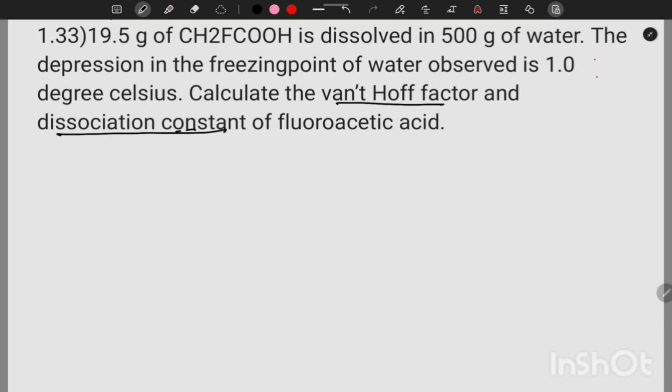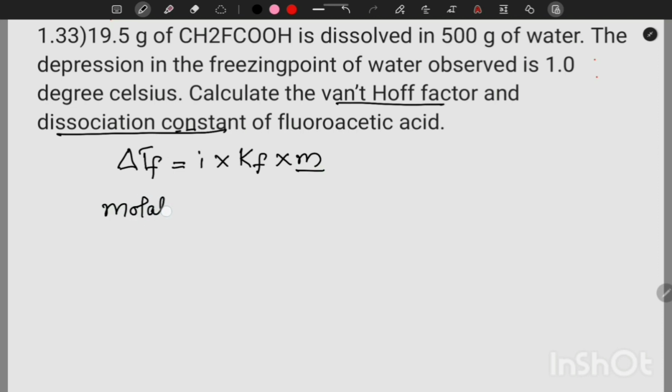Here the depression in freezing point is given. So we know the formula delta Tf is equal to i into Kf into m. Here delta Tf is given already. Let us calculate first molality.